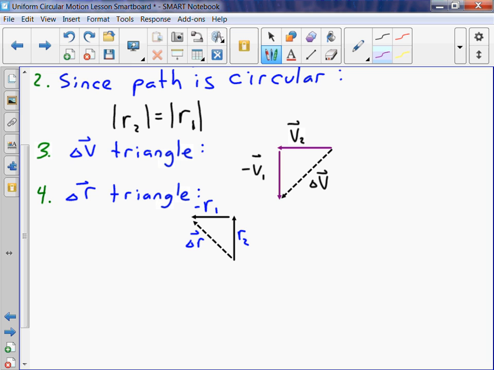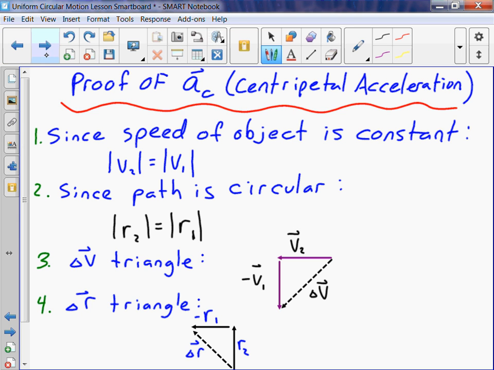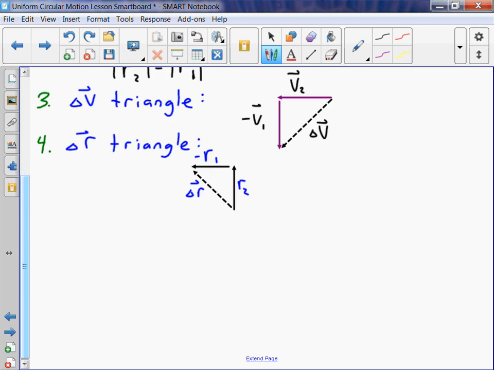This is an important part of this proof. Since R1 is perpendicular to V1, that's the definition of a tangent to a circle, and R2 is perpendicular to V2, what type of triangles are my velocity triangle and my radius triangle? They are right triangles in this case, but if V1 and V2 were not 90 degrees to each other, they wouldn't be.